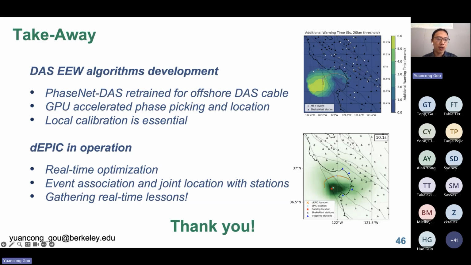And very exciting, dEPIC is in operation. We are running this in real time and gathering very important real-time lessons, because you will always encounter many outages and things you didn't think of when it's in real time.